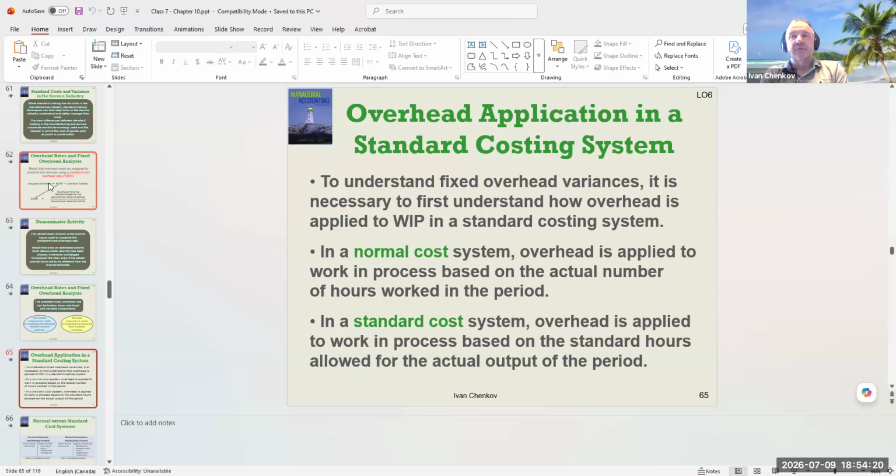In the normal costing system, overhead is applied to the work in process account based on the actual number of hours worked in the period. So if hours is our allocation base, it is based on the number of hours that were actually worked in the period, applying the predetermined manufacturing overhead rate.